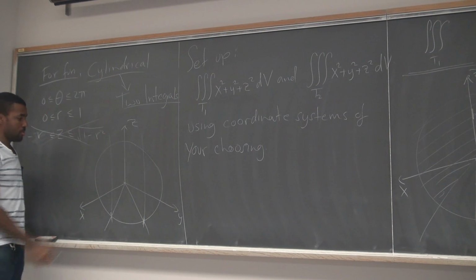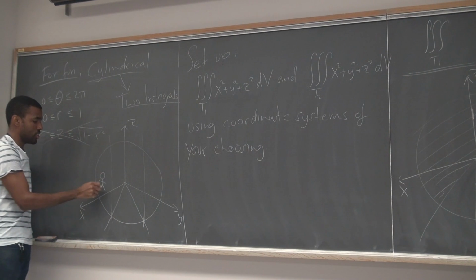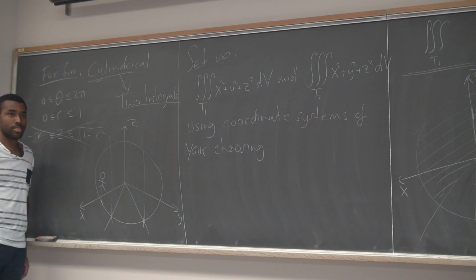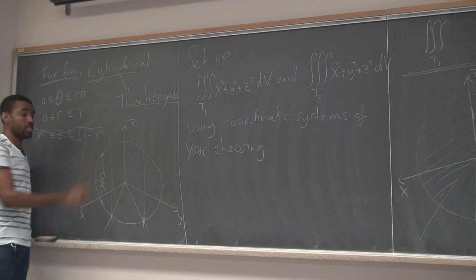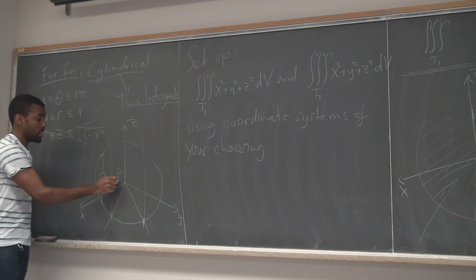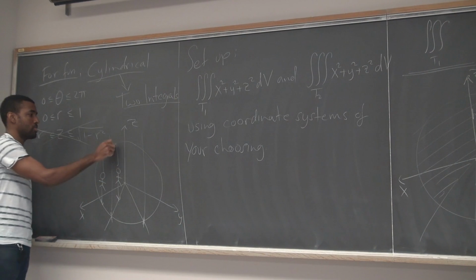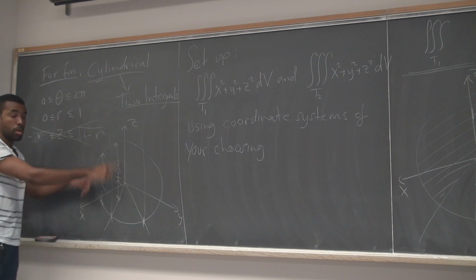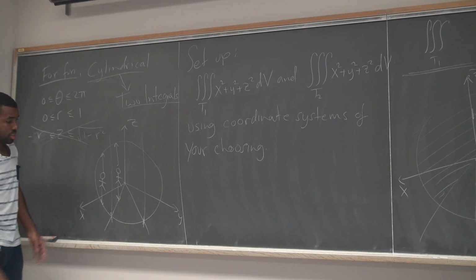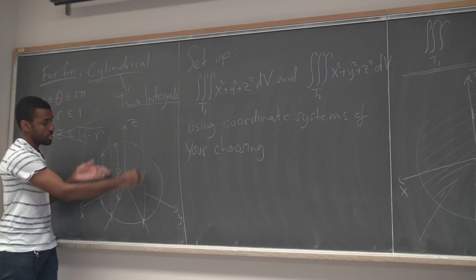Now, if I'm a little man trapped inside the shaded region and I look down, what do I see over here? Sphere. If I look up, what do I see? The sphere. If I'm over here, though, if I look down, what do I see? The cone. What do I see if I look up? The sphere. My top and bottom switches. I would literally have to set up a different integral for this region.